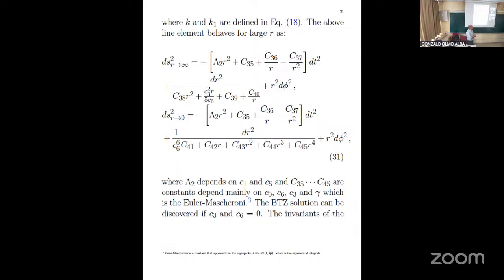I investigated a similar case with a logarithm term and an additional term with the covariant derivative of the metric.